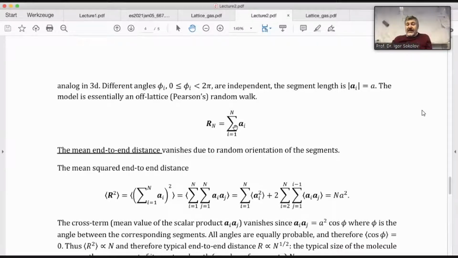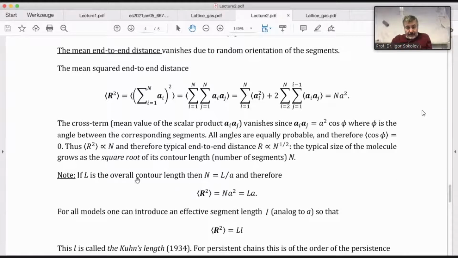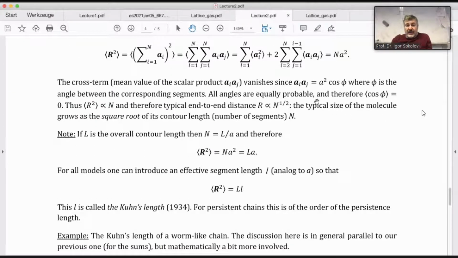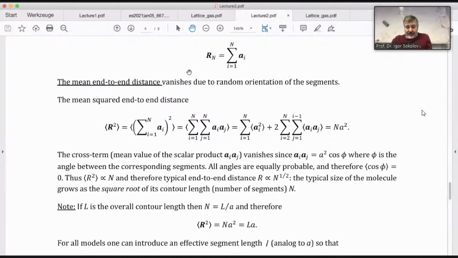And now let's calculate the mean squared displacement. This is now something which will be very important. It will be continuously important. So now let me look at the mean squared. This is my R squared, and then I take a mean.